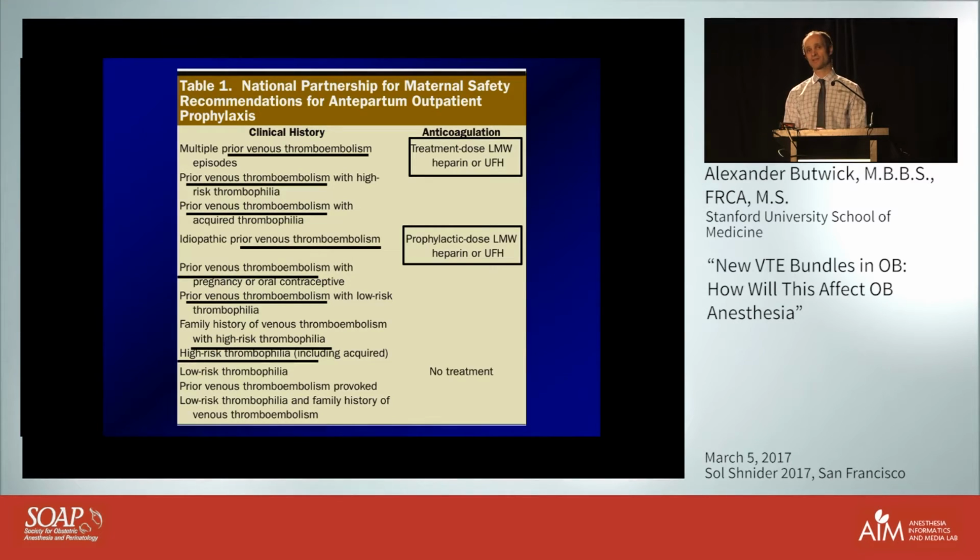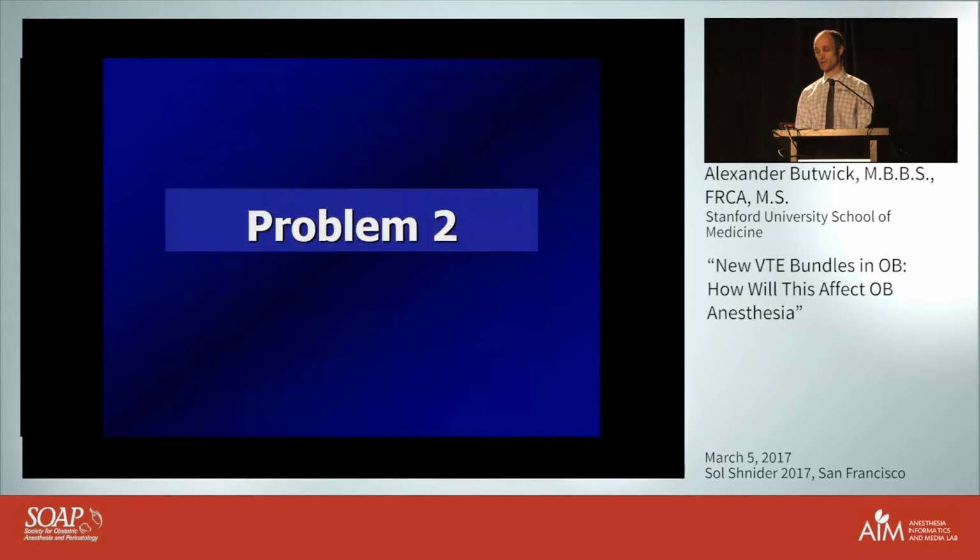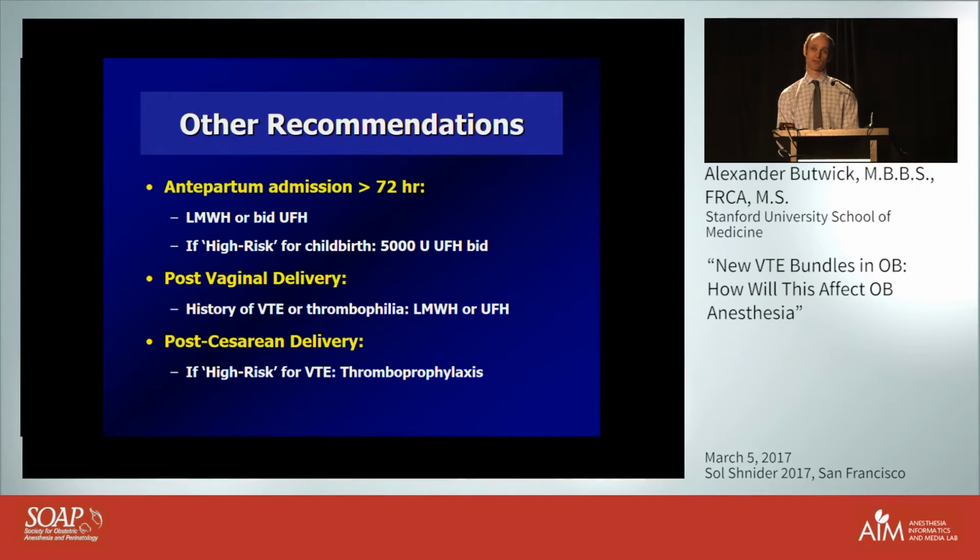If you've had a prior VTE that's associated with a provoking event, it's also very likely that you'll receive anticoagulation as well. So all of this, as we've mentioned already, is very much aligned with what we've seen before from other obstetrical societies' guidelines. But there is a separate problem here because they've extended some of the guidelines that have come out from previous obstetrical societies to account for other potential high-risk women.